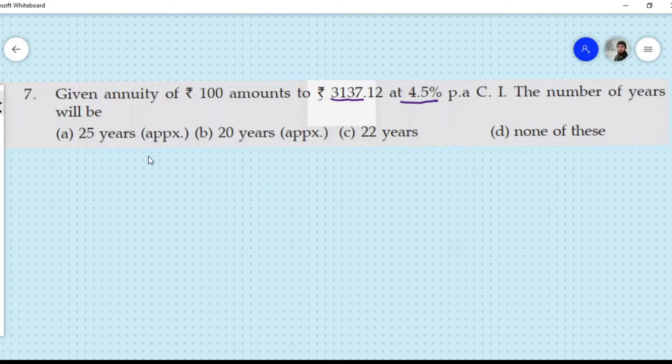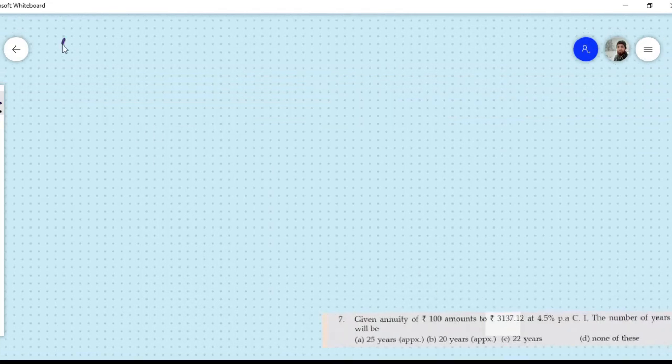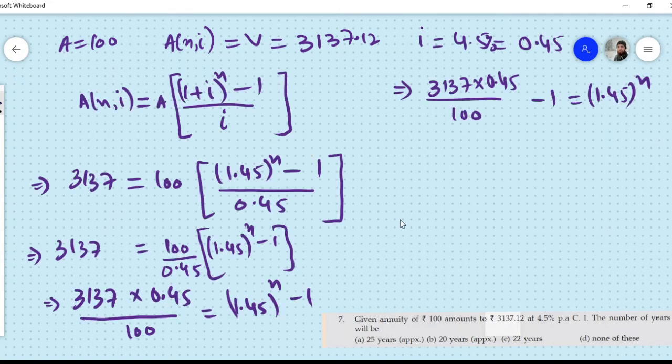Let us solve this question. Here A is equal to 100 and V, that is S of n at i. Sometimes we write it as S of n at i, sometimes V. This is equal to 3173 and I is equal to 0.045.